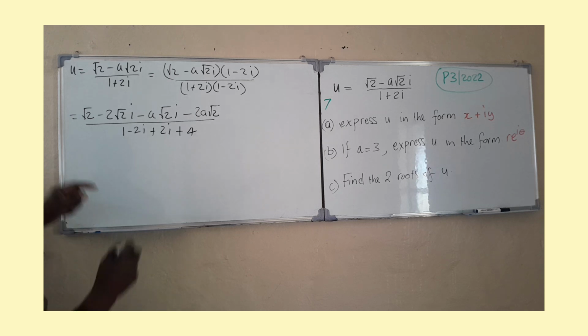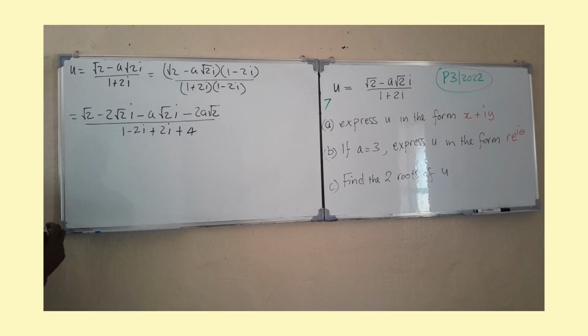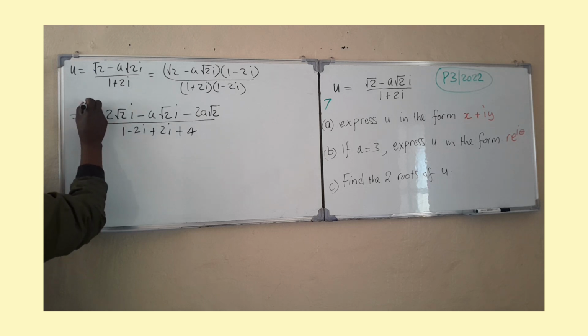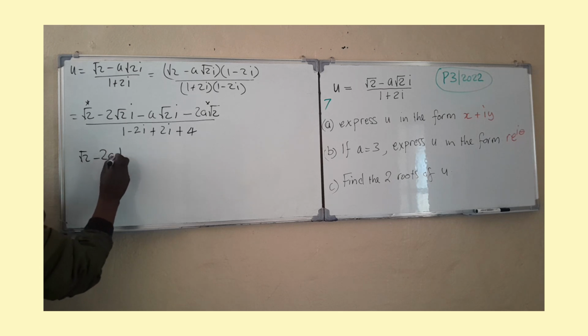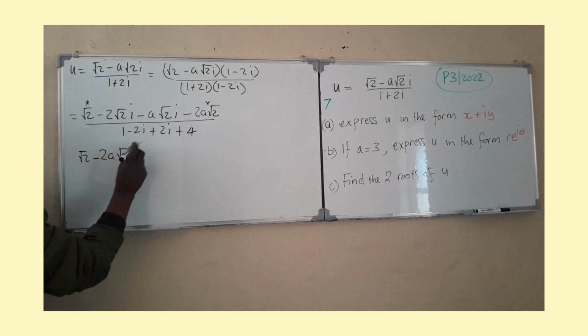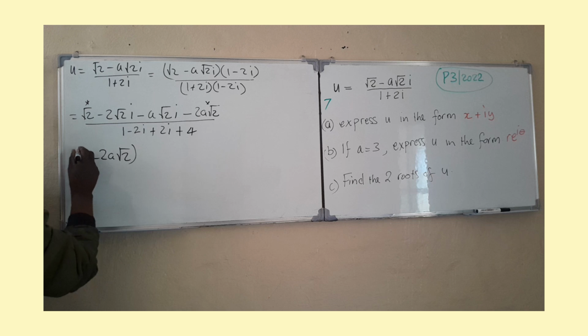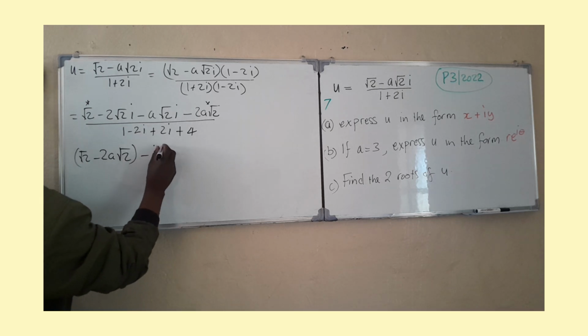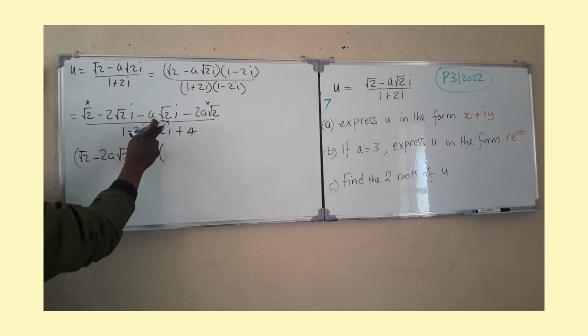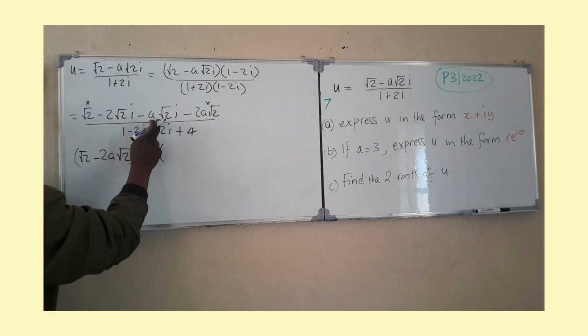Let's simplify and put all the real parts together and the imaginary parts together. So this is real, this is real. So we have root 2 minus 2a root 2, which is this one there. That's the real part. Minus i bracket. This one here is imaginary.